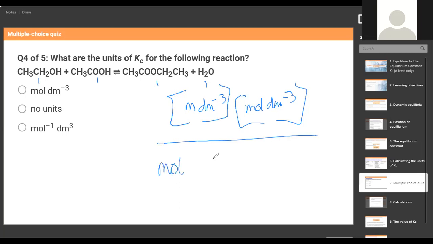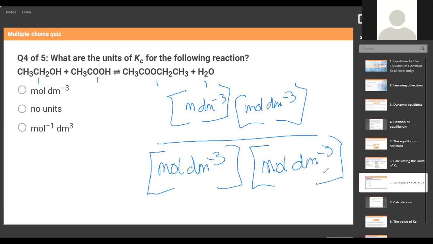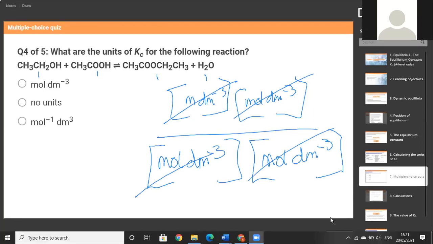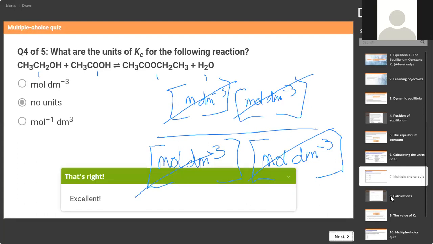Cancel them out. Okay, well, this can cancel with this, one can cancel with this one. Oh, hang on, there's no units. That is correct, there is no units.